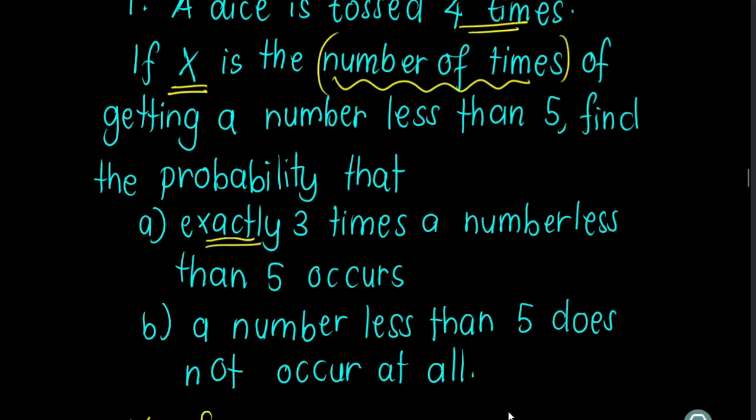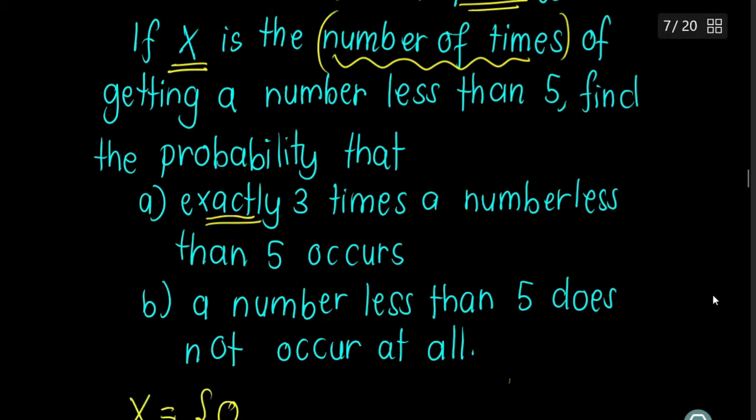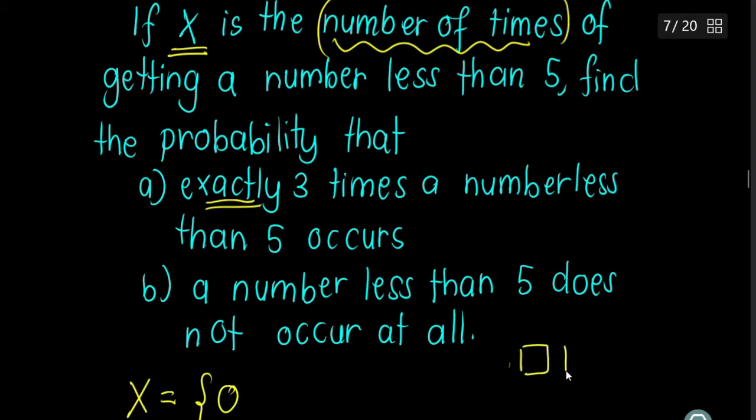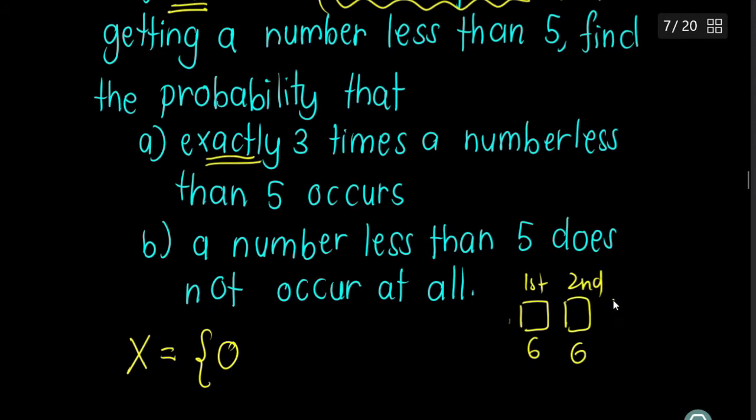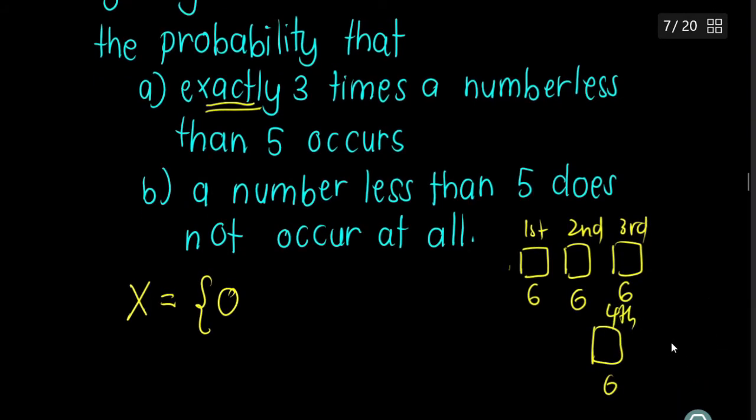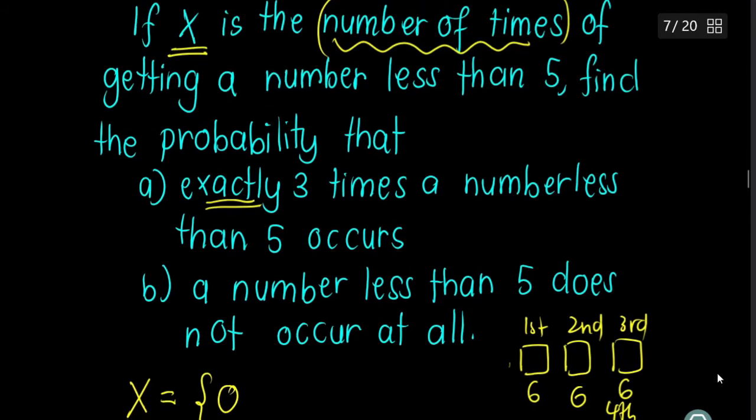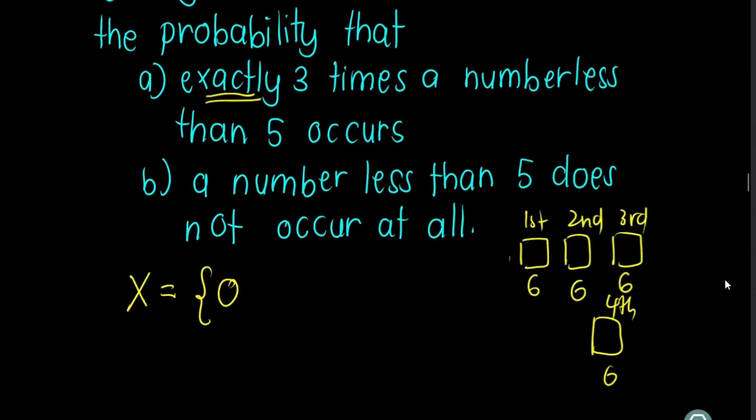You throw your dice. This is your dice. You throw the first time, you get number 6. Second time, number 6. Third time, number 6, and the fourth time also number 6. So 4 times you throw and you get number 6, number 6 or number 5 between this.